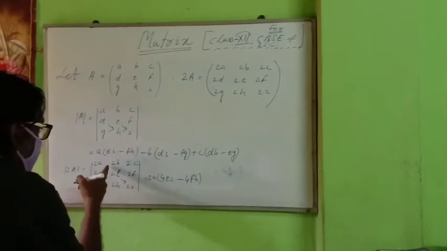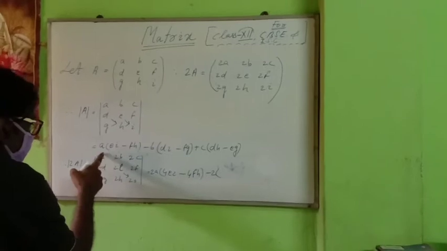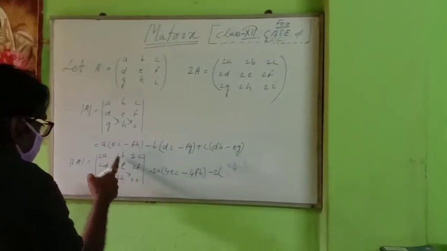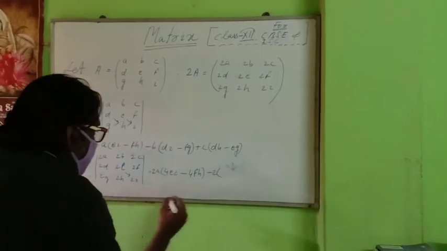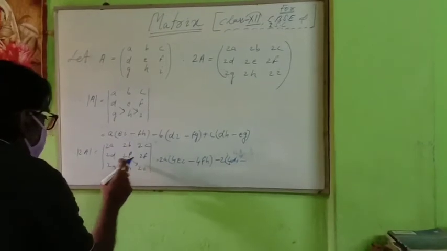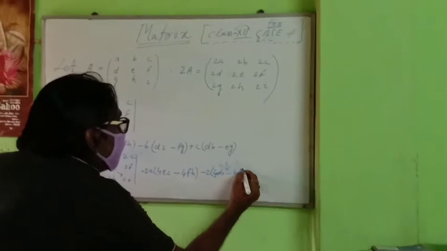Again minus 2b, then having taken minus, plus minus, minus 2b, omit column, omit row, that means this will be 2d into 2i, that is 4di minus 4fg, bracket close.